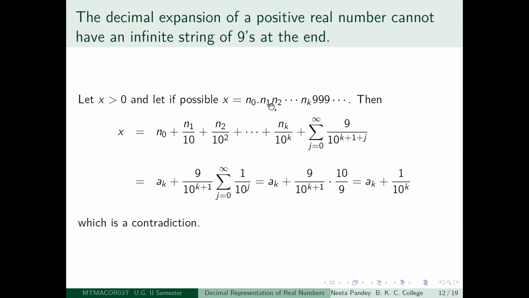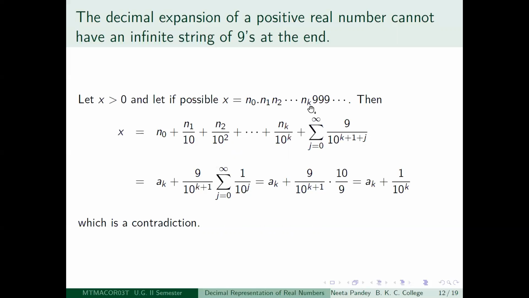Here one thing you should note is that there may be some 9s between n1 and nk also. n0 could also be 9, but that is not the point. The point is that after the k plus 1th decimal place, all the digits are going to be 9. Suppose that you get such a situation. So here there may be some 9s, but they are not consecutively all 9s. Okay. So we have this number.